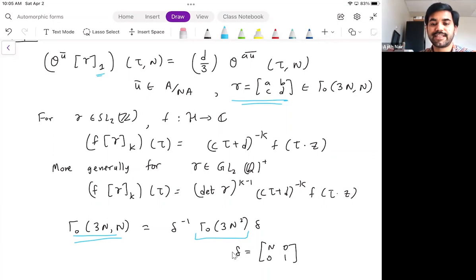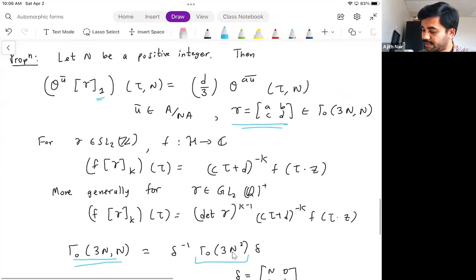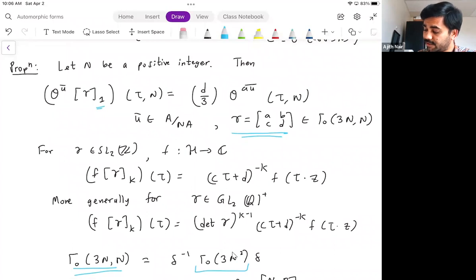And the Gamma naught 3n squared is the congruence subgroup for which we will define the modular form. Okay, and we also see that we have this character, which is the Legendre symbol coming up. So that's why we have this modular form associated with the character.